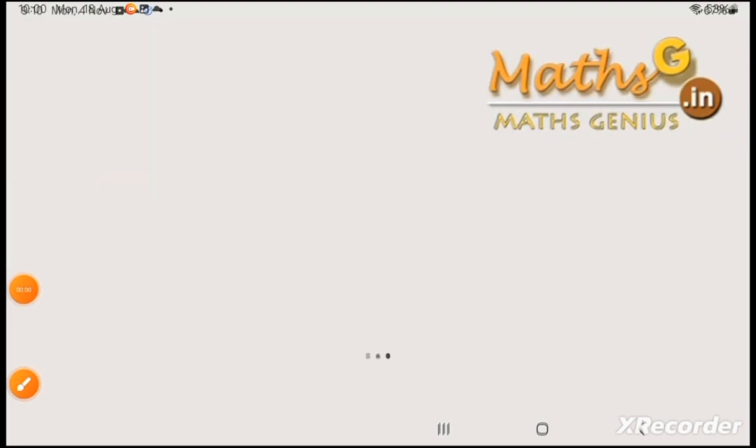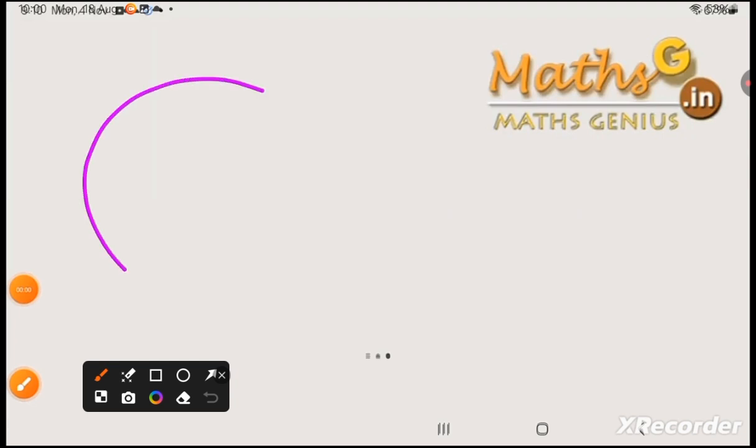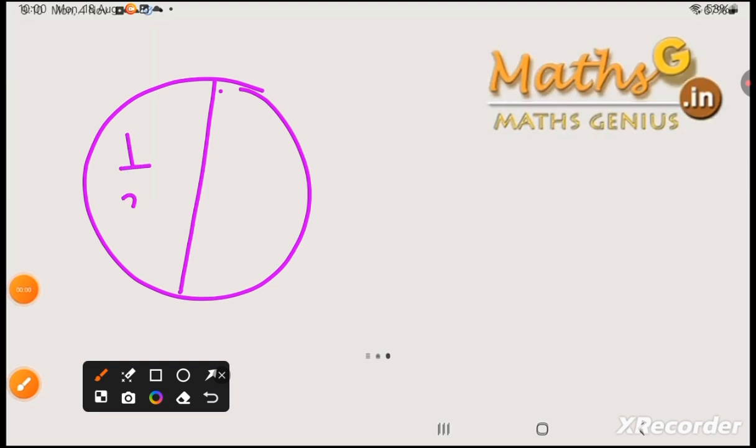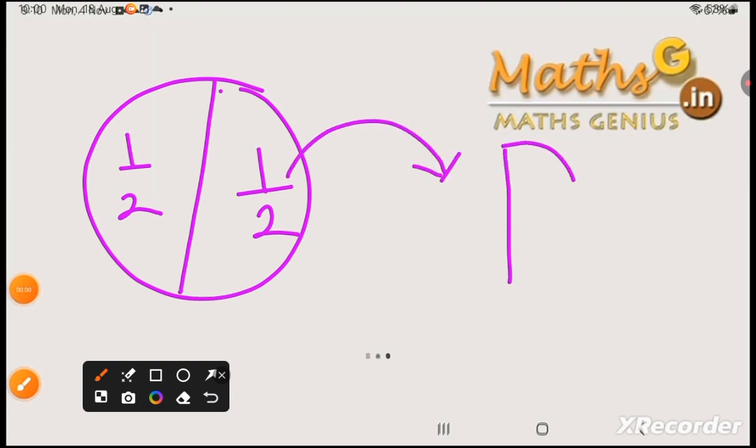So what I can do is draw a cake and cut it into two parts. This is half of the cake, this is half of the cake. Now if I take only one part of the whole cake, this is a fraction.